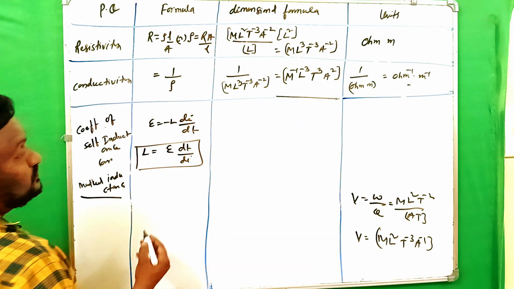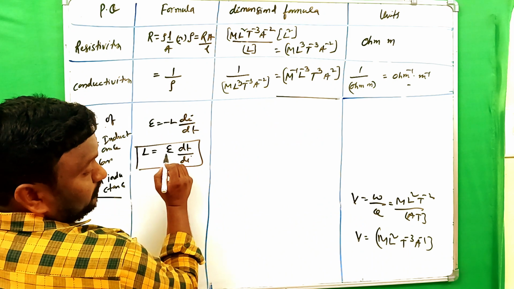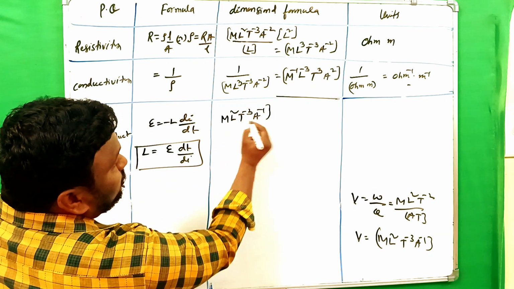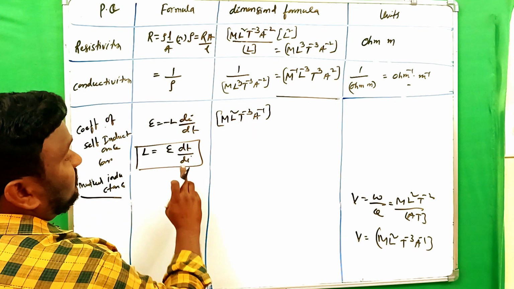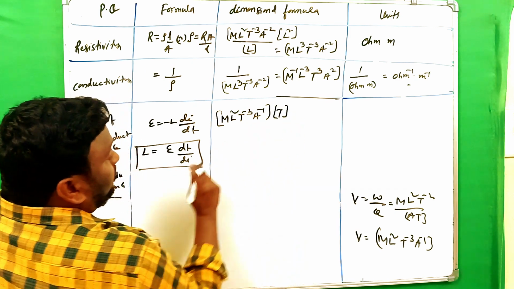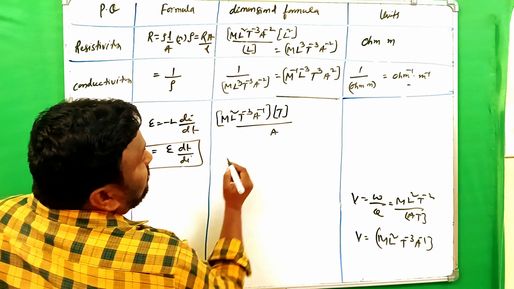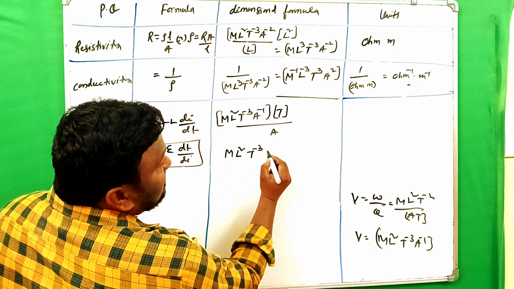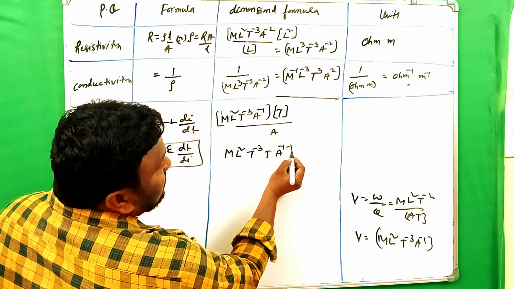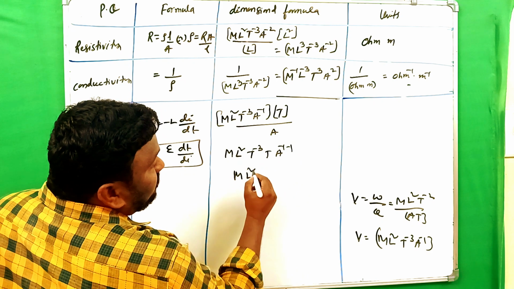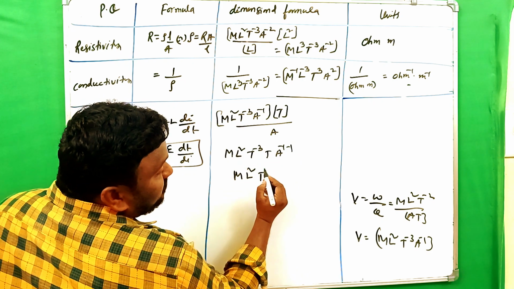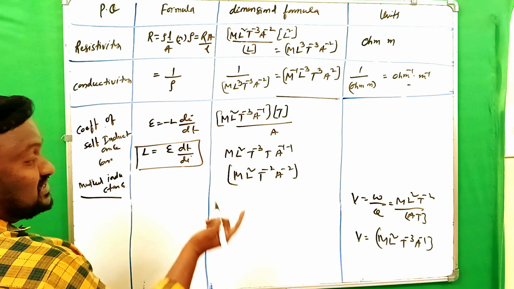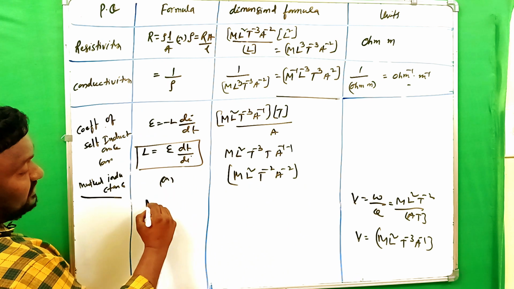So substitute here: epsilon M L square T inverse 3 A inverse 1, and dt is time T, divided by current A. So M L square T to the power of minus 3 plus 1, that is minus 2, and A to the power of minus 2. This is the dimension formula of self-inductance or mutual inductance.